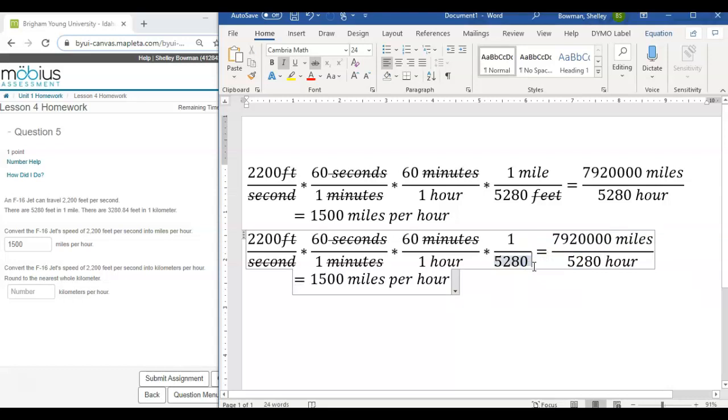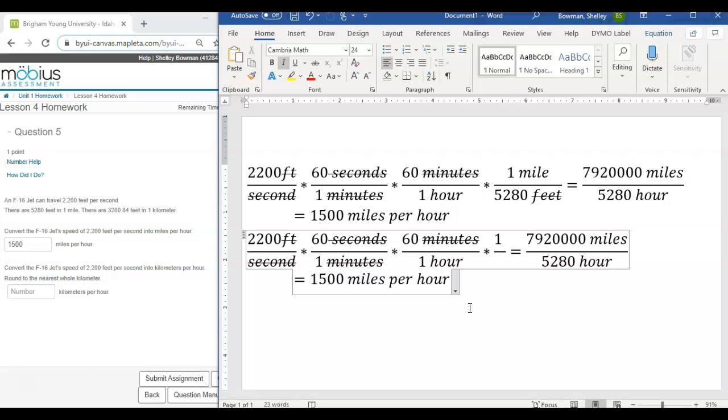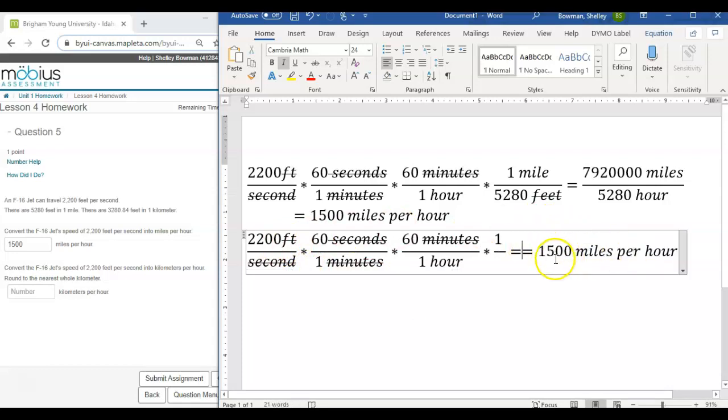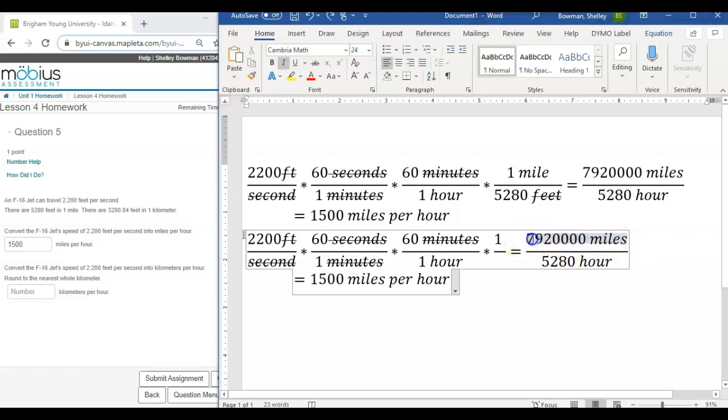kilometers and the feet. So the conversion they gave us is that there are 3,280.84 feet in 1 kilometer. Again, remember we're trying to get rid of feet here, and let's get rid of this because that was the other one we're going to get rid of, the top and the bottom.